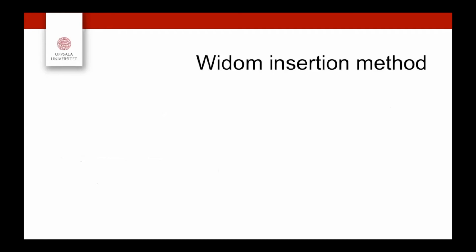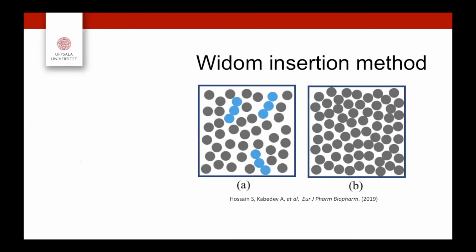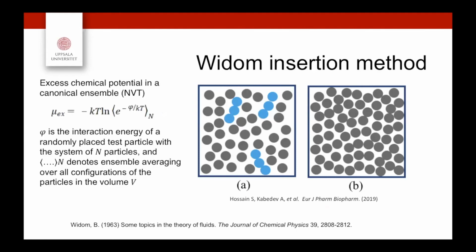Widom insertion method is a bit of an alternative, so still not that different in terms of how it could be realized using some common software packages, but different in its concept. So here it was first suggested by Widom, again also in the beginning of the 20th century.